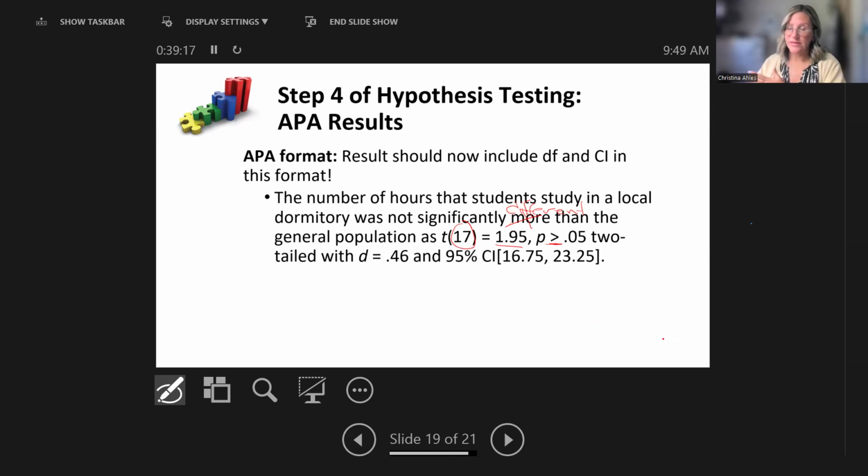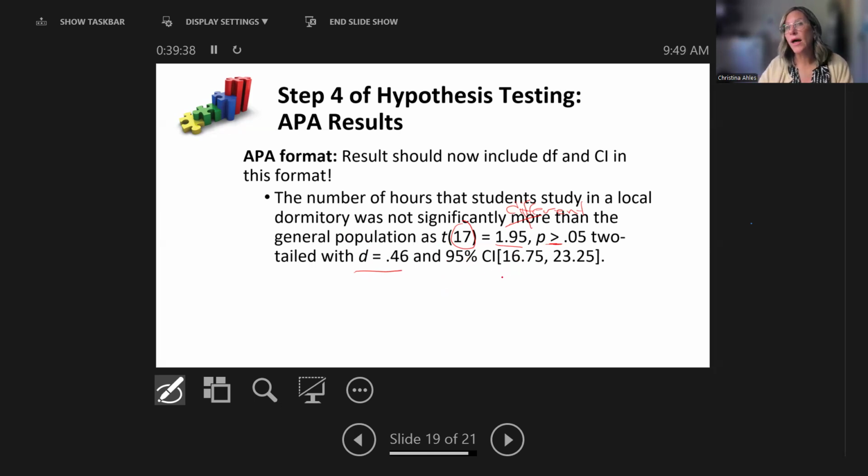We state whether it's two-tailed or one-tailed. This one was two-tailed. I reported my Cohen's d, but you would be okay if you reported your eta squared. I reported Cohen's d because that's the one I report most often. And then a 95% confidence interval. So 95% because alpha was 0.05.